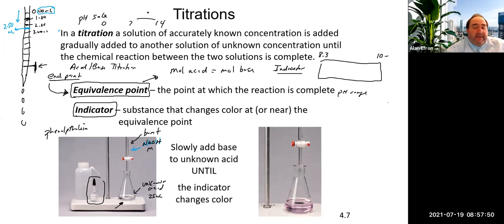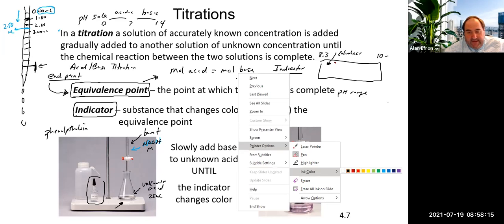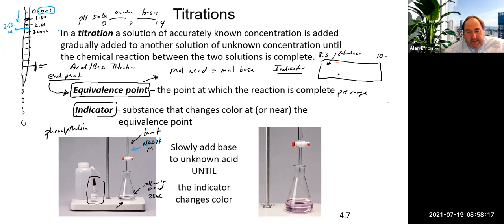Above 7 is basic, below 7 is acidic. So you can see that at 8.3, what we see in terms of color for something like phenolphthalein is it's actually colorless. And as we kind of move this way, it starts to get pink.